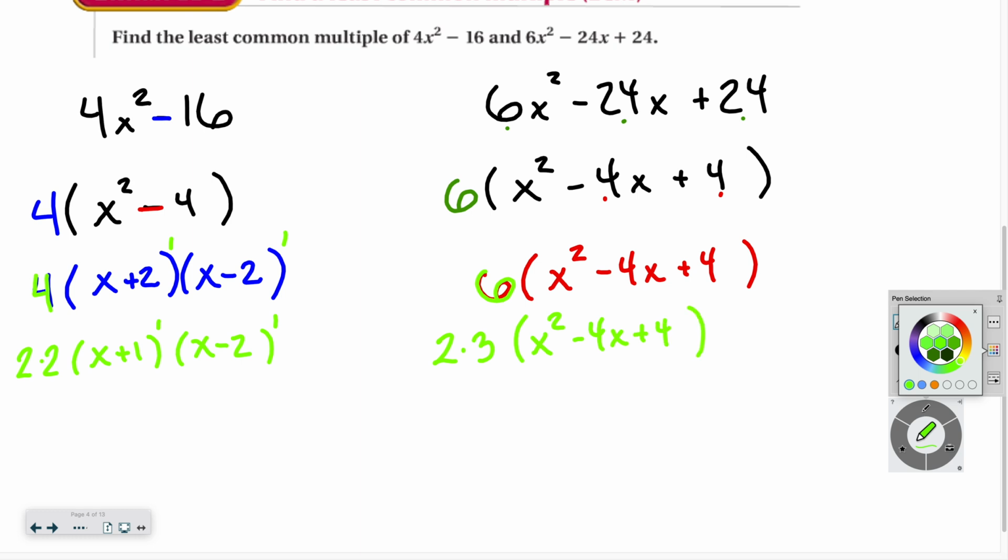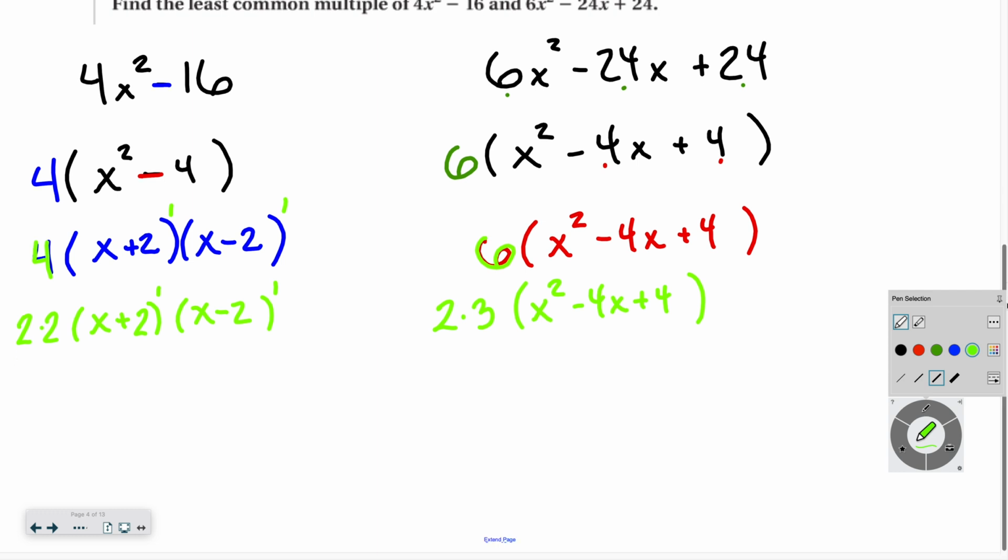When we're finding the least common multiple, we need to look for every factor that was used. And I'm just noticing here I wrote a 1 when it should have been a 2. I need to use every factor that was used, and not only that, but the largest power. So I'm going to start with my numbers, the integers.